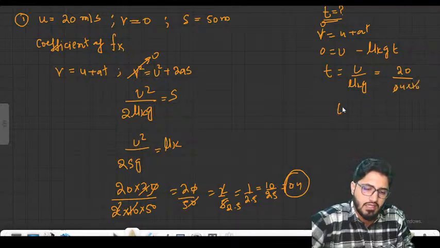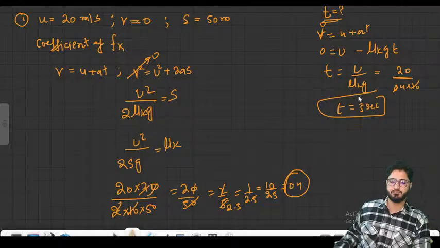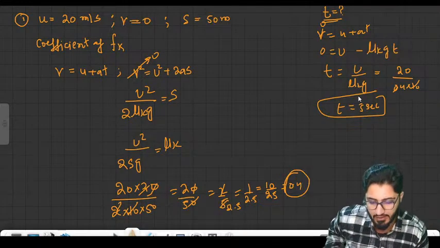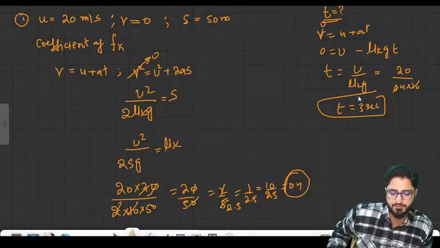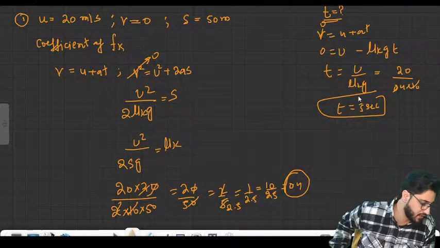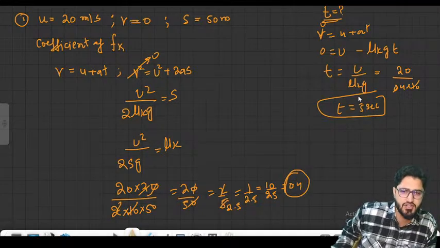Cancel out, t came out to be 5 seconds. In 5 seconds, your body will come to rest. Easy numerical, basic numerical. You need to do these things, right?